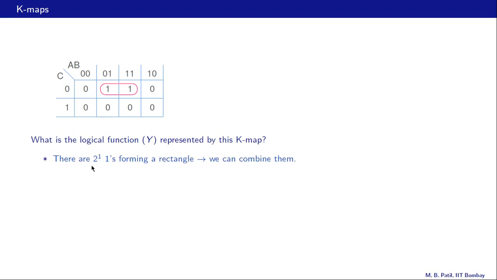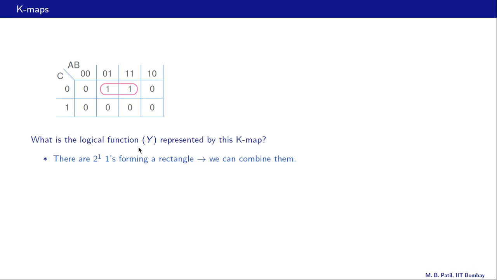And since there are 2 raised to 1 ones forming a rectangle, we can combine them. Since the rectangle covers all the ones which are in the K map, these two ones, we can conclude that the logical function y is represented by a single product term.